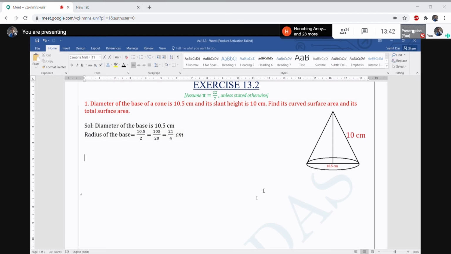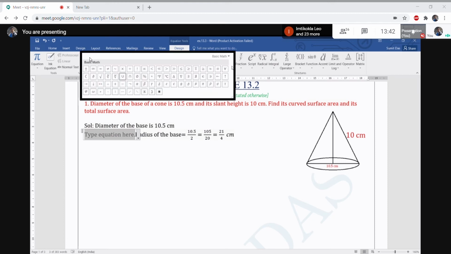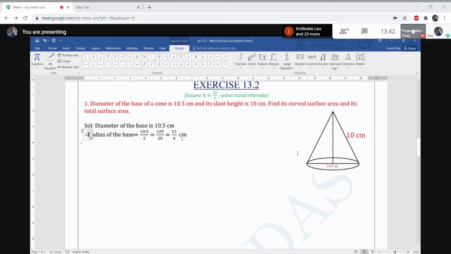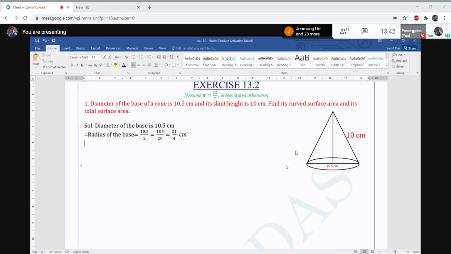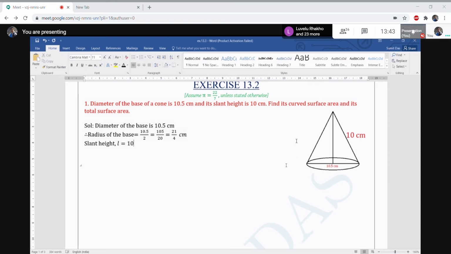So if you convert decimal to fraction, that will help you to calculate. So the radius of the base we got is 21 by 4, right? Slant height, I told you slant height is l, is equal to the given 10. We have to find the curved surface area.